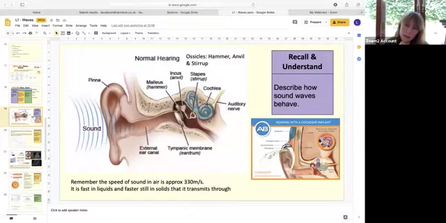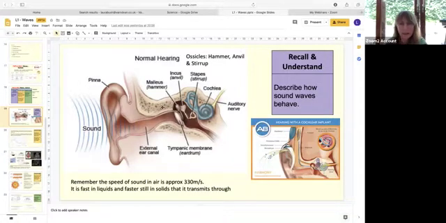Now inside these cochlea there are tiny microscopic hairs, and it's the movement of those hairs that stimulate the auditory nerve. So that then jumps from being a mechanical movement to an electric impulse that travels up the auditory nerve, and how it feeds into your understanding of biology in that way.